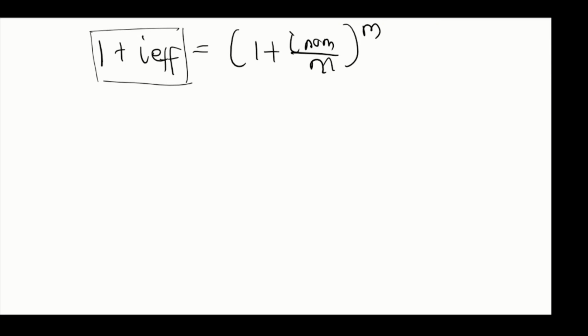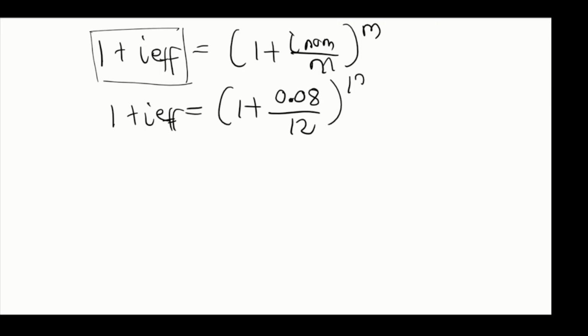So what we're going to do is say 1 plus i effective equals 1 plus the nominal interest rate, which was given as 0.08 divided by 12, which is monthly, to the power 12.